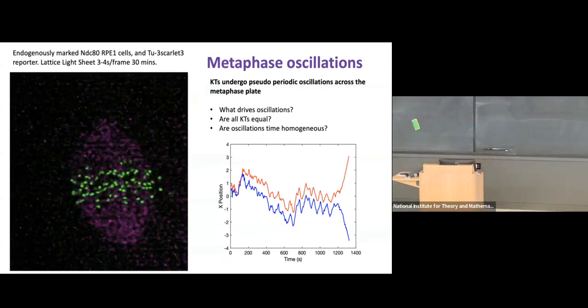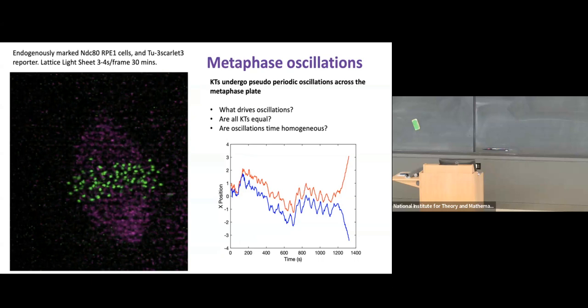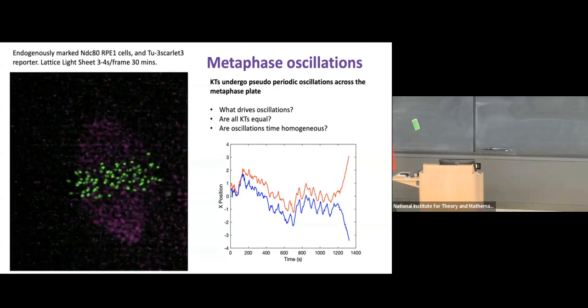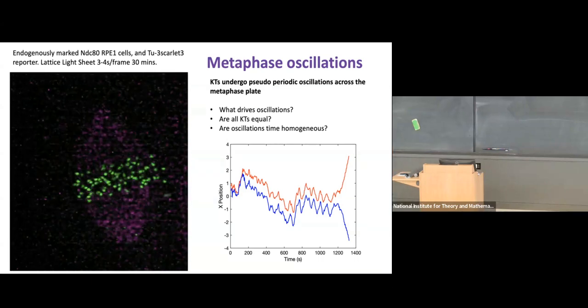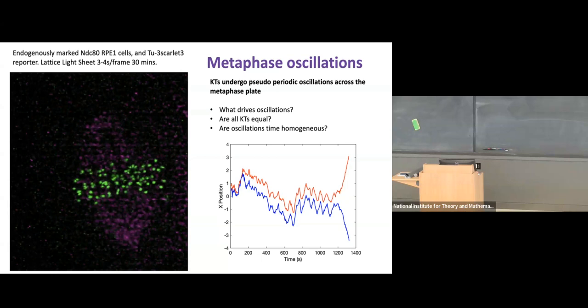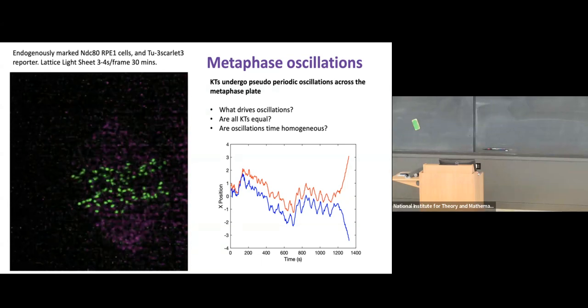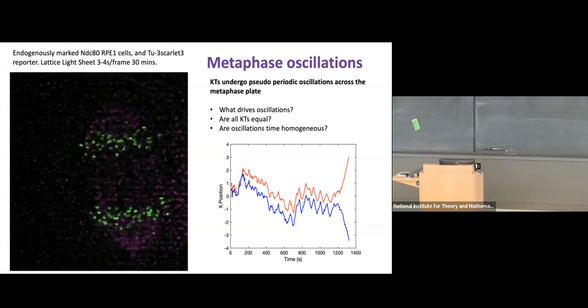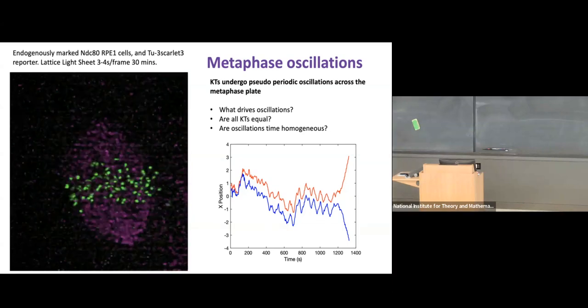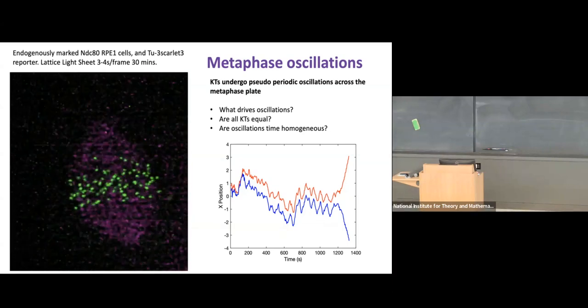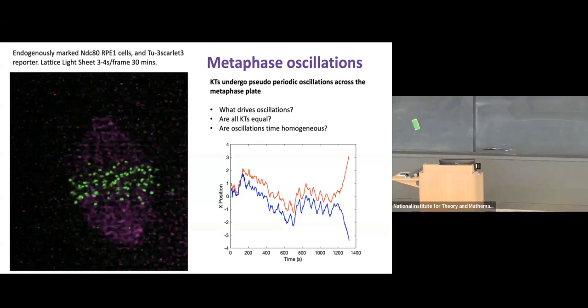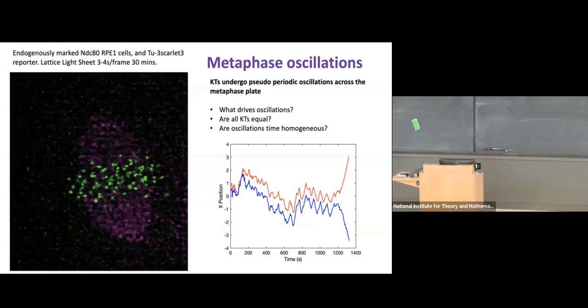Okay, so this is the sort of data we have. This is a lattice light sheet. It's very gentle on the cell, so you can image for a long time. This is 3D, 2 colors, going over about 30 minutes. In green, we've got the kinetochores tagged on a molecule called NDC-80. NDC-80 is like a tip tracker of the microtubules.